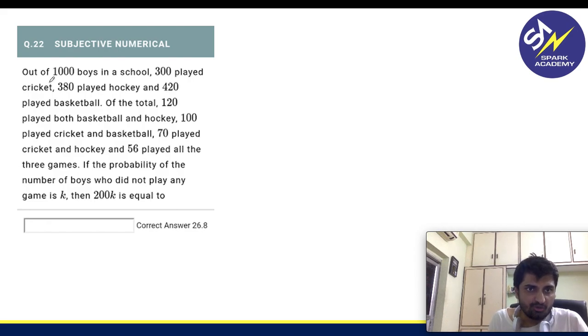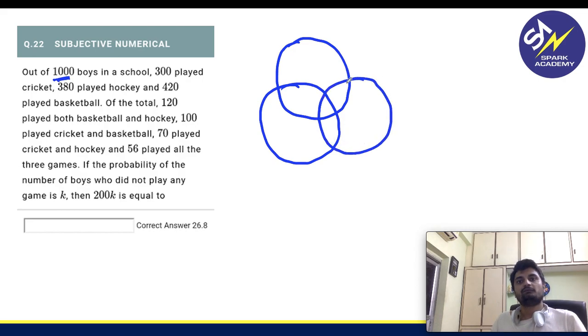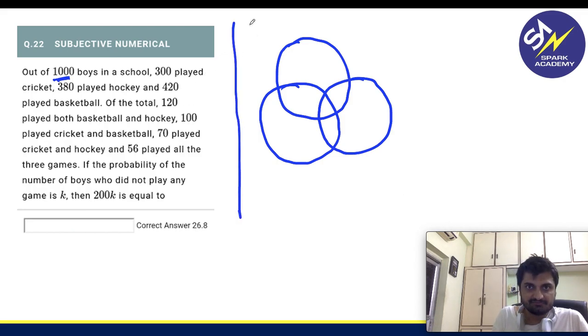Now look at this. Out of 1000 boys in a school, 300 played cricket, 380 played hockey, 420 played basketball. Now this is a Venn diagram question.